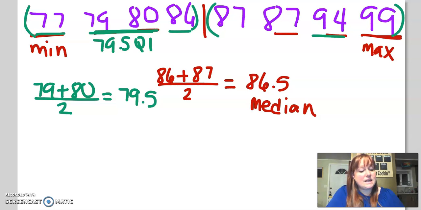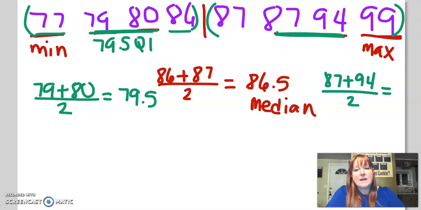And then I have the same problem over here, that I have 2 middle numbers and I need to find the number that's exactly in between those 2. Now this one's a little bit different because they're not one apart from each other. So 87 plus 94 divided by 2. Normally with these ones it's really easy, because it's just halfway in between the 2.